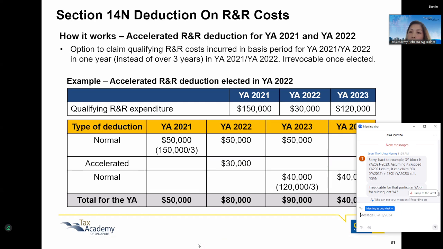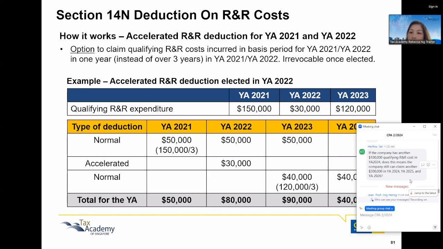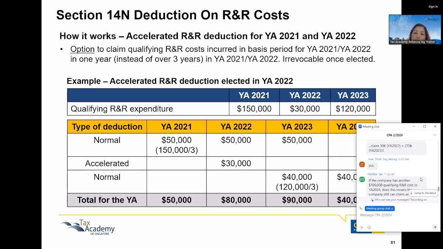If the company has another 100,000 qualifying R&R in YA 2024, does this mean that the company can claim another 300,000 in YA 2024-2025? Yes. If you identify the 3 years period, if the 3 years period is YA 2021 to YA 2023, the next 3 years period will be YA 2024 to YA 2026.